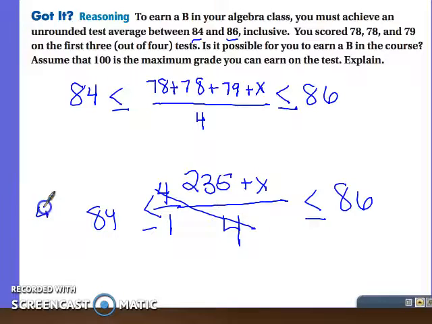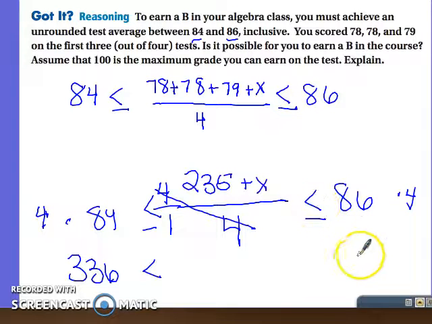But whatever I do in here, I would want to multiply on the outsides also. So 84 times 4 is going to be 336. And then 86 times 4 is going to be 344.